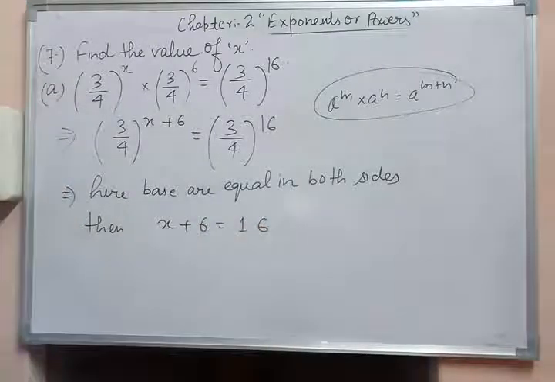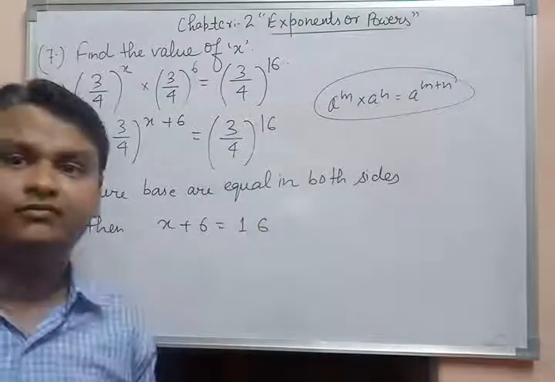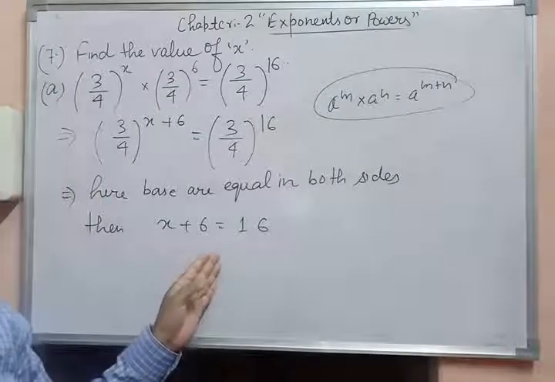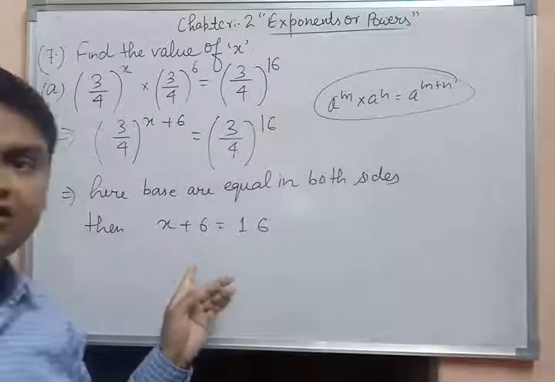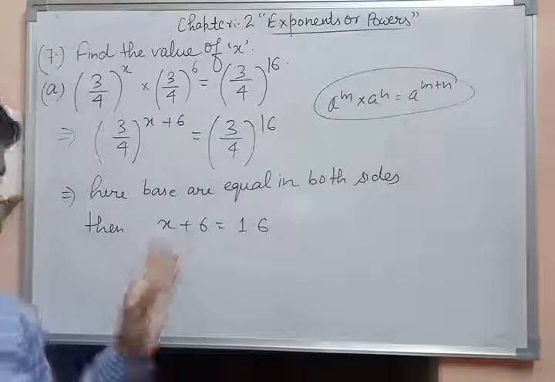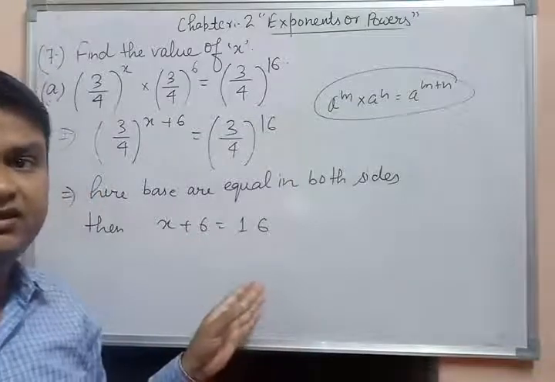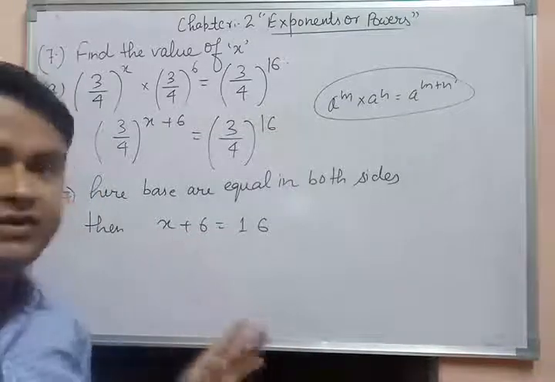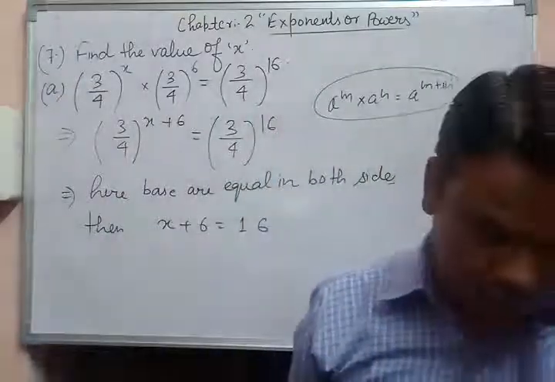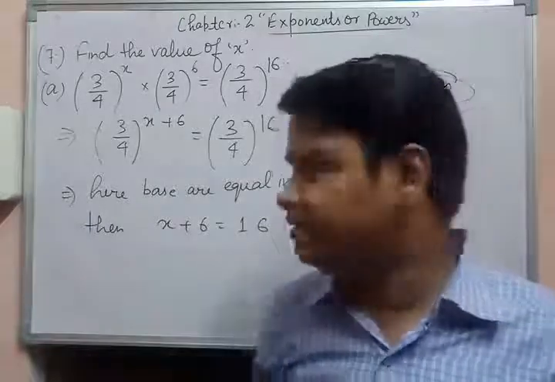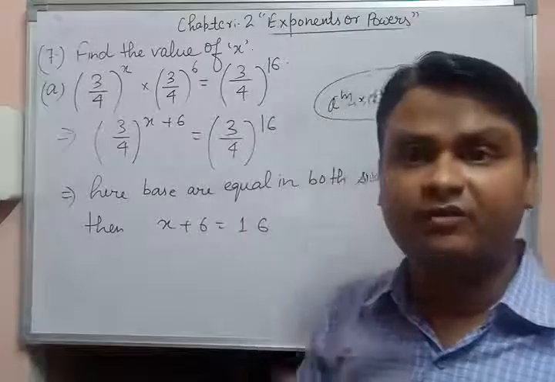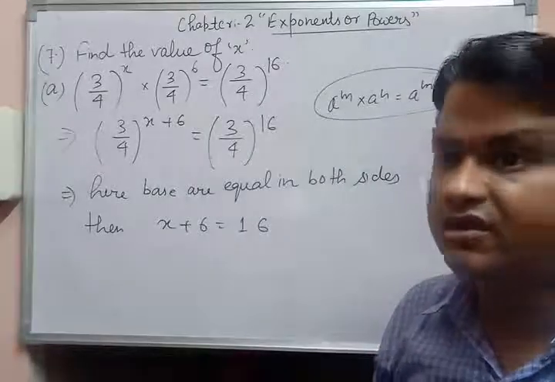Now this question is a linear equation in one variable problem. You have studied in class 7 mathematics how to solve a linear equation in one variable. There are three methods, but the most popular method is the transposition method.